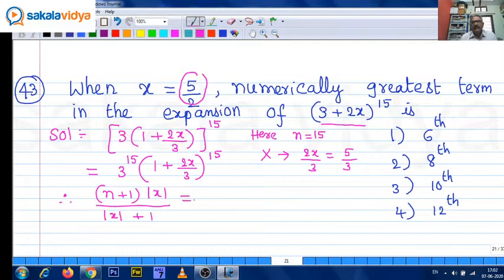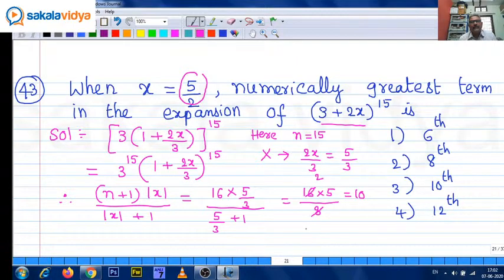This will decide the numerically greatest term. Here n plus 1 is 15 plus 1, 16, mod x is 5 by 3, because it's positive only, 5 by 3 plus 1. This equals 16 into 5 upon 8, 3 cancelled, 10.